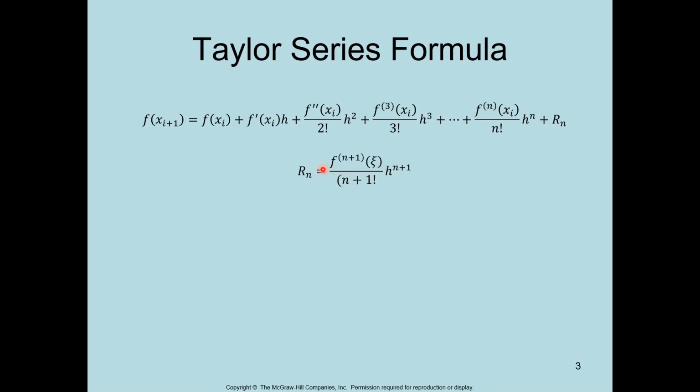R_n is calculated like this: R_n is equal to f, one more derivative, that is f^(n+1), multiplied by h to the power n+1, so h squared, h cubed, and so on. This R_n is the next term after the last term in the Taylor series, divided by n+1 factorial.